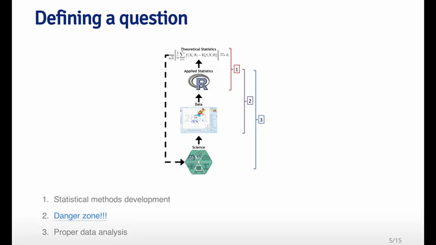The idea is that if you just randomly apply statistical methods to data sets to find an interesting answer, first of all, you will almost certainly find something interesting, but it may not be reproducible and it may not be really meaningful. So I think a proper data analysis has a scientific context. It hopefully has at least some general question that we're trying to investigate, which will narrow down the dimensionality of the problem. And then we'll apply the appropriate statistical methods to the appropriate data.